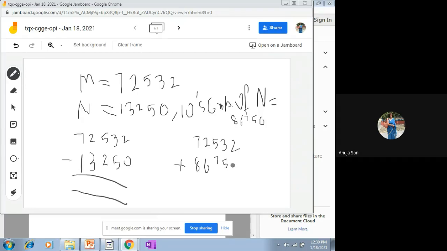Now we'll do simple addition as we do day to day. After doing the addition, the value we get is 159282. The extreme leftmost bit will be called your end carry. You have to write it this way: this will be the discard end carry.